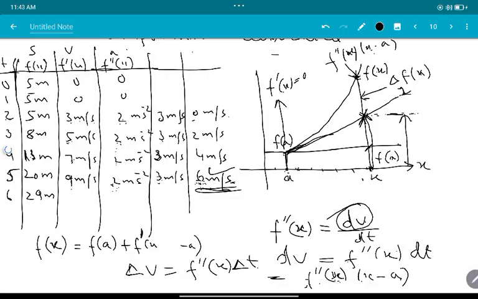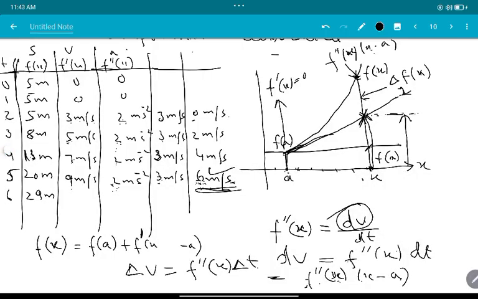Now in that case, since acceleration is not 0, the rate of change of acceleration, which is constant, is also given a name. It is called jerk. So jerk is constant.